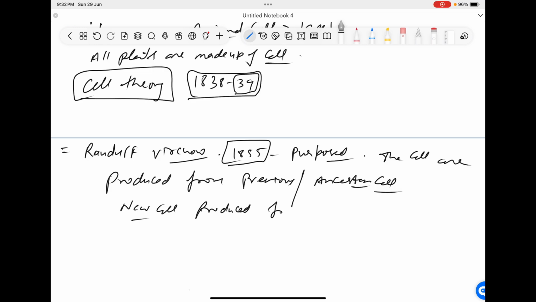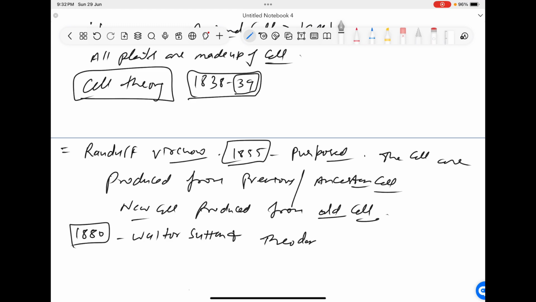Later on, in 1880, Walter Sutton and Theodor Boveri, simply Sutton and Boveri, proposed that the cell contains genetic material in the form of chromosomes.